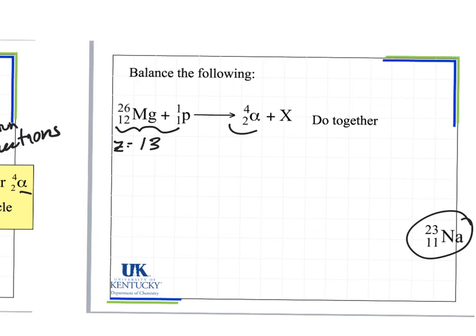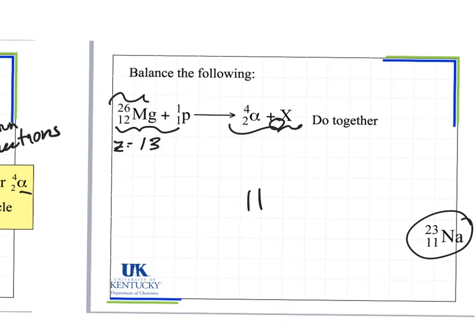So we have to make sure on this side they also add up to 13. So if the 2 is already there, what would have to sit here in order for them to add up to 13? Well, that would have to be an 11. So the bottom number is an 11.